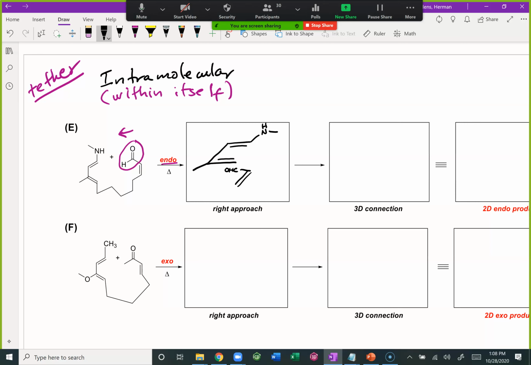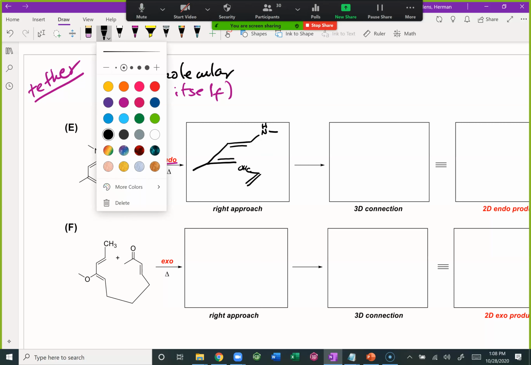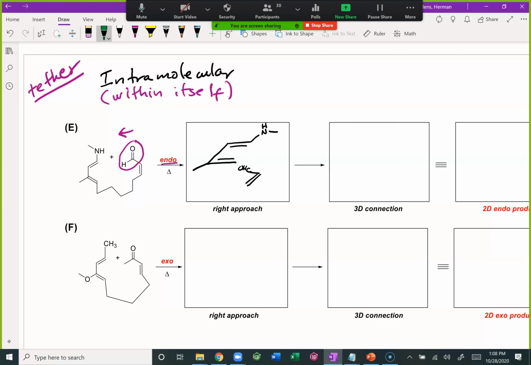All right. Check this out. Hold on, let me write this a little bit to the right so I have more room. All right, like that. So I'm gonna label these carbons in green. I'm gonna label these carbons 1, 2, 3, 4, and 5. So check this out.